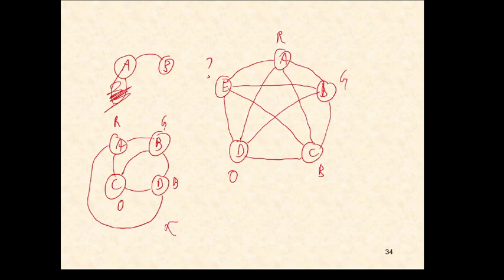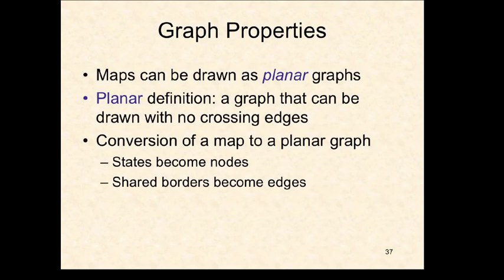And even in the right-hand graph, even if I were to erase some of those edges and move them outside, I'd eventually run into a place where there's at least one edge that I can't draw without crossing. And if I cannot draw it without crossing an edge, it's not a planar graph. And therefore, it's not guaranteed to be 4 colorable, and probably is not. Okay, so where were we?